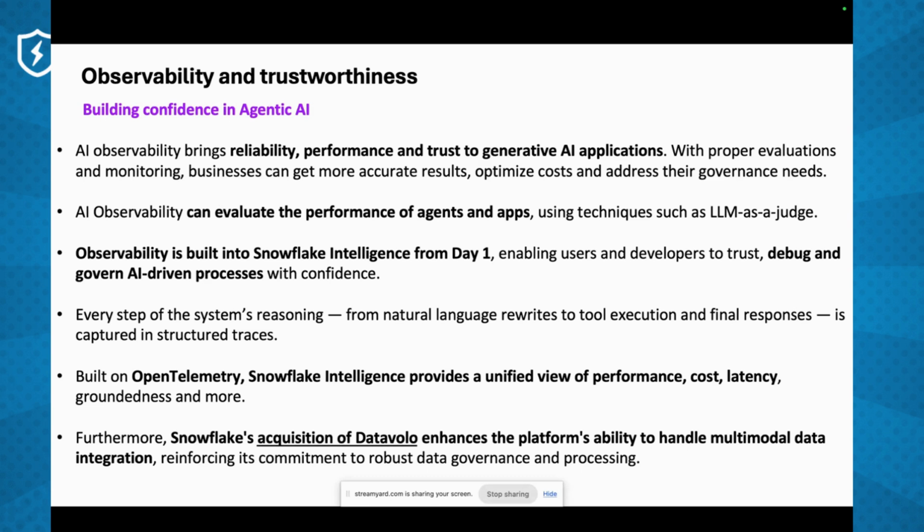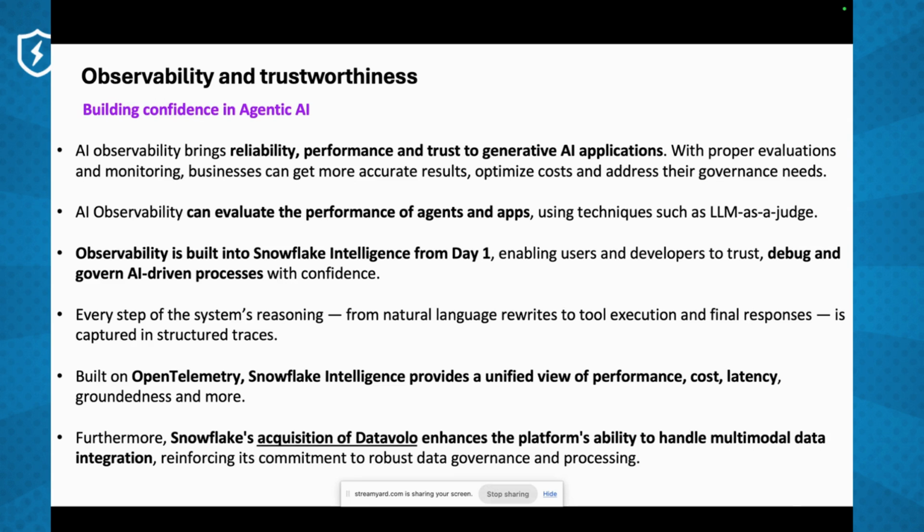Because if everybody is moving to Gen AI agents, we have to make sure there are the right guardrails in the system to ensure the right observability. That is why observability was built into Snowflake Intelligence from day one. Through this, users can debug and govern AI driven processes.